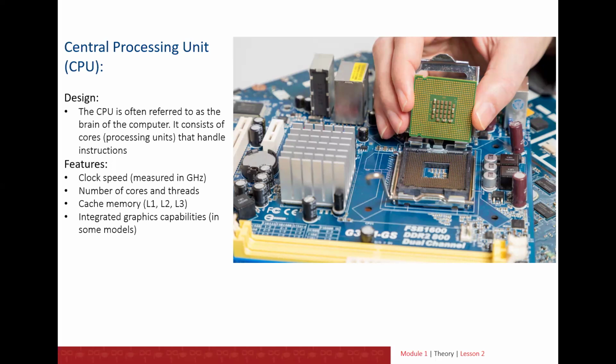Why is it important? Because once you are going to buy a server or laptop, you must check the clocking speed of the CPU, which you can see in gigahertz.